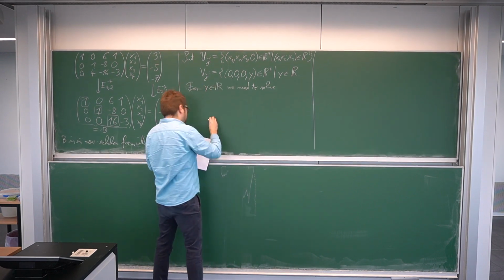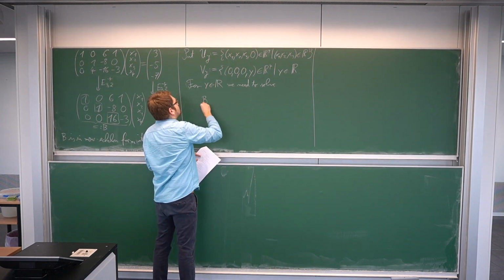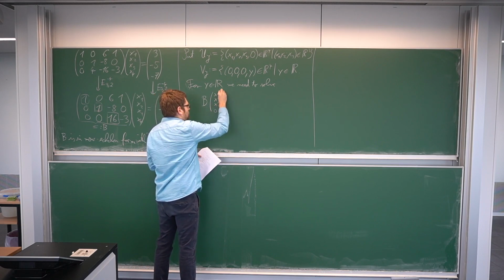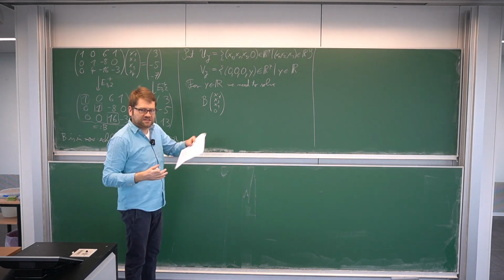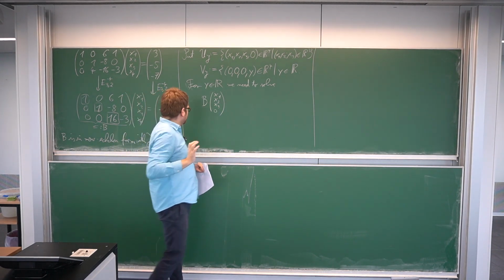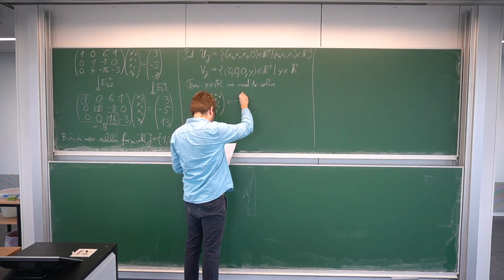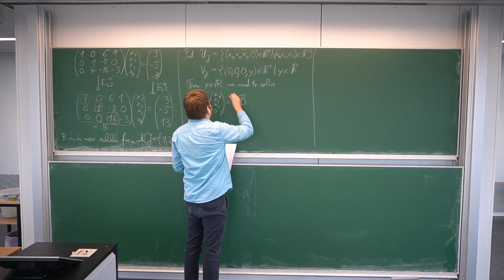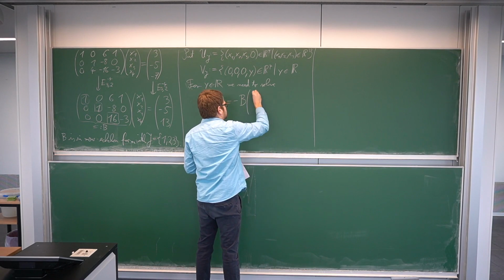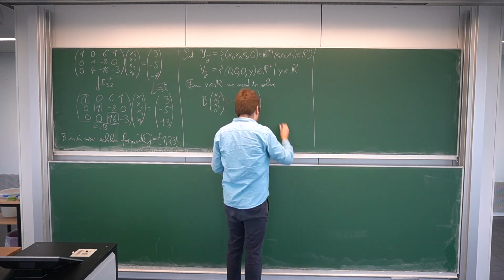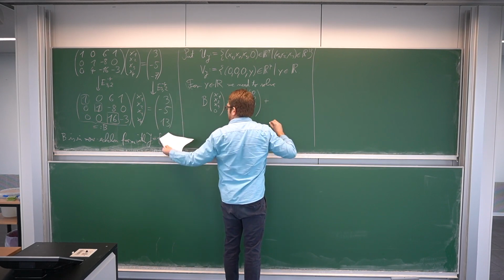We need that B of an element of U_J, which is in general of the form x1, x2, x3, 0, I'm a bit sloppy with identifying column vectors with elements of R^4 again. So B times this must be minus B times the element of V_J that we are studying, so 0, 0, 0, y, plus b prime, which is now this right-hand vector here.